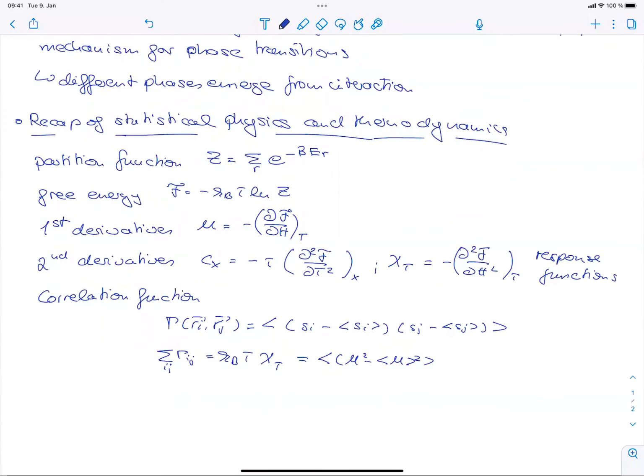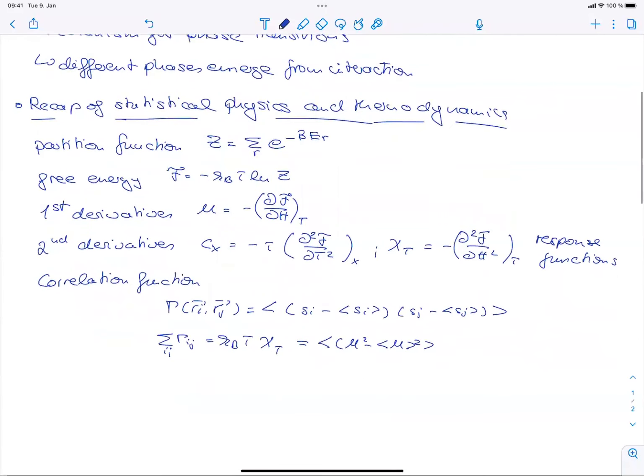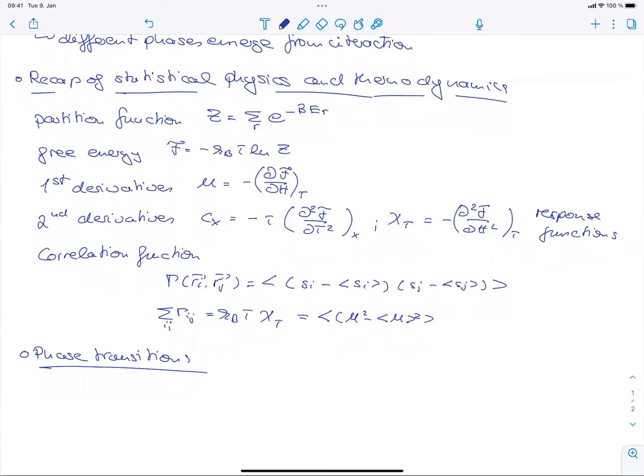And now these derivatives are important to characterize phase transitions. And so we distinguish mainly first and second order phase transitions.